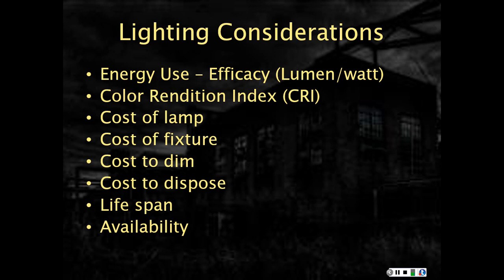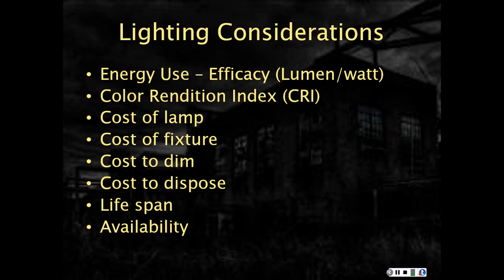The next thing is color rendition index, also known as CRI. Color rendition is the ability to distinguish various shades of color under that particular lamp. Gets very tricky when we're dealing with subtle shades of the same color. Think surgery. Think opening somebody up and we have various shades of red. It'd be nice to be under a type of lamp where you can actually distinguish various shades of the same color.